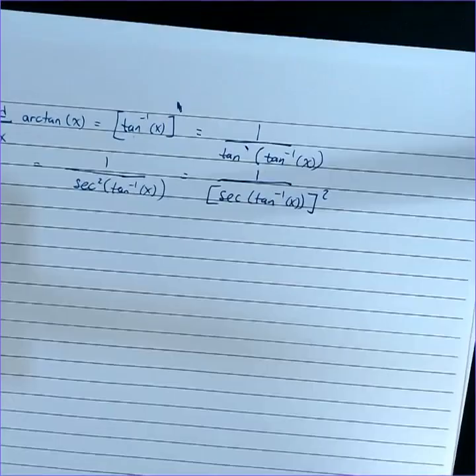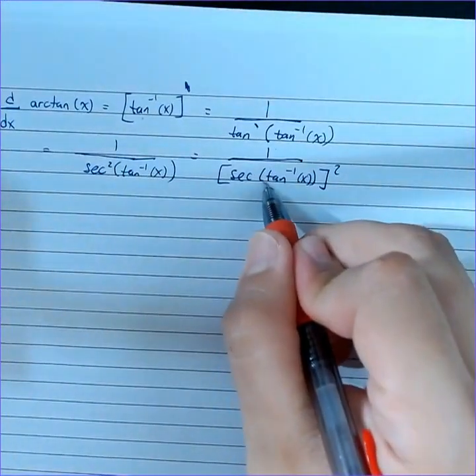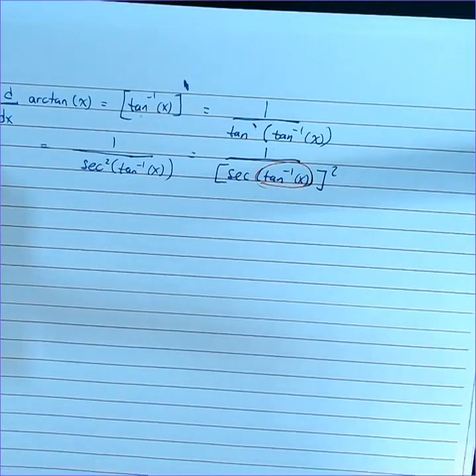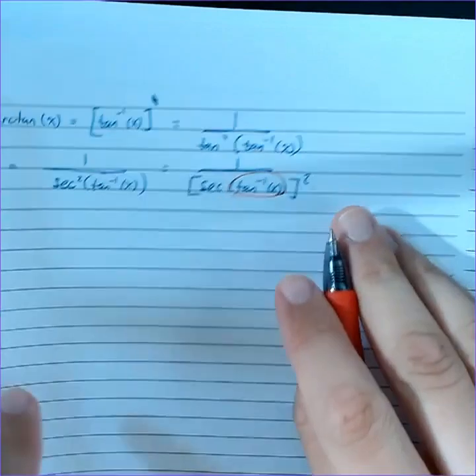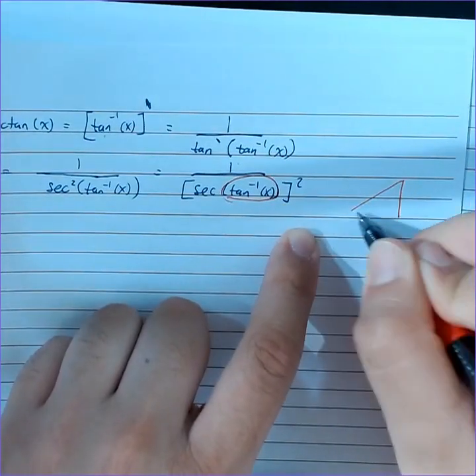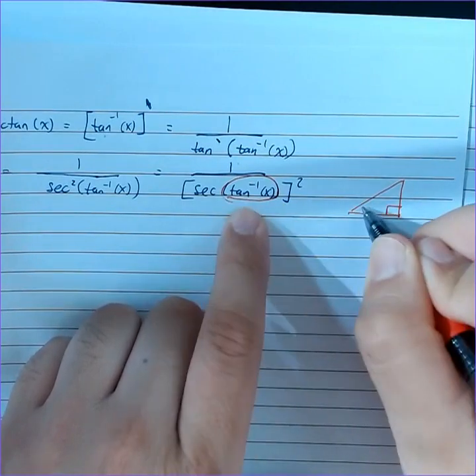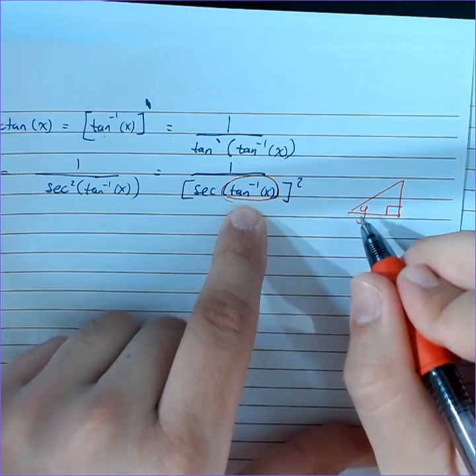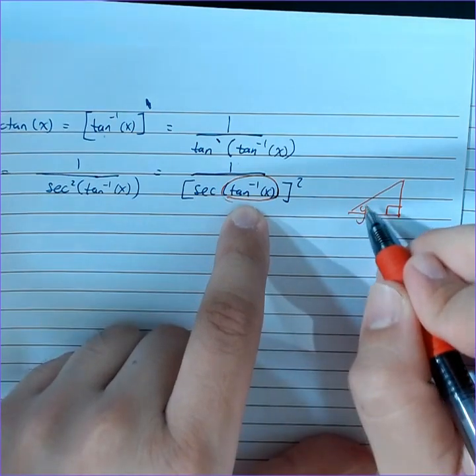All right, so just like before, what is the inverse tangent of x? It's an angle. What angle? Well, this angle that I'm about to draw. It's the angle in a right triangle. I'm going to go ahead and call it y, but you can call it any label you like. It's this angle.